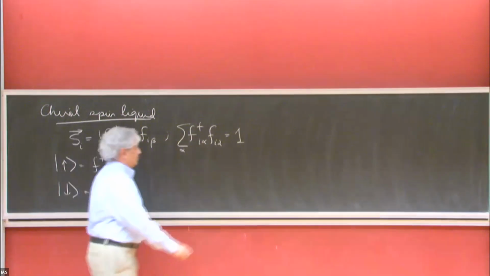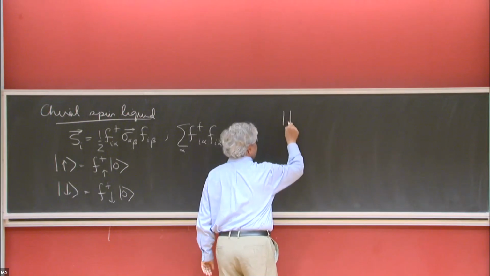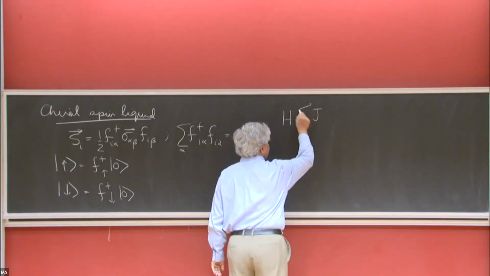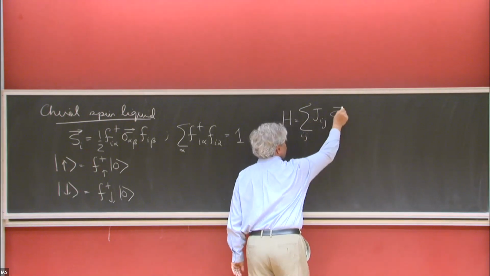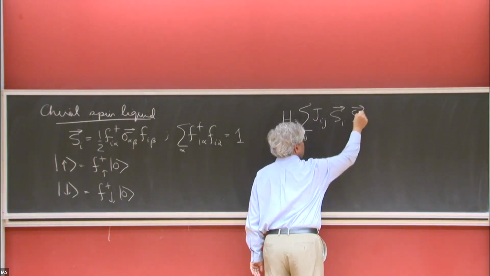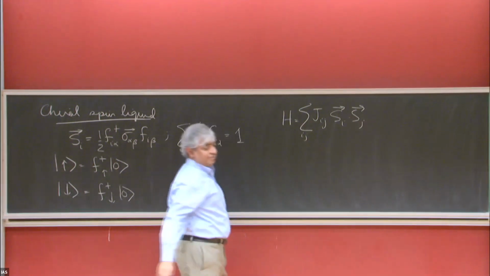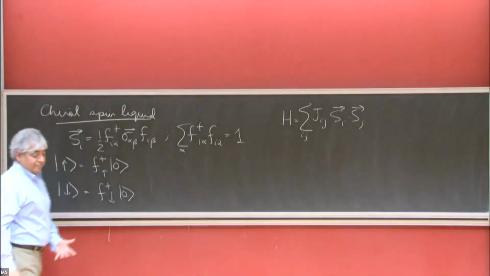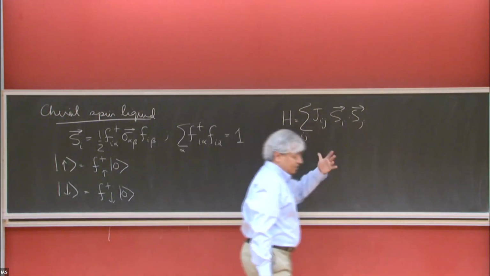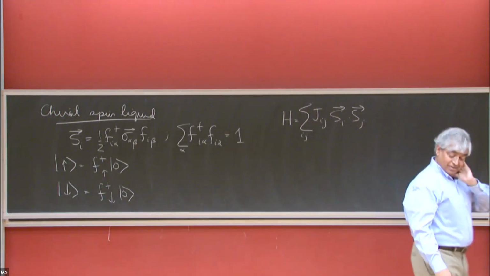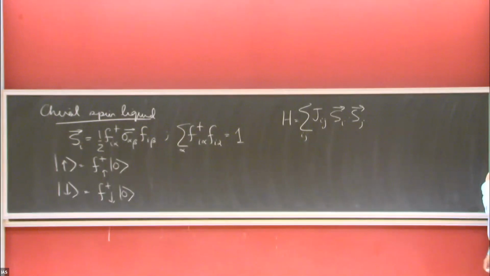Right, so I'm going to take some Hamiltonian, some set of J_ij on the square lattice, and look at a certain mean field theory, very similar to the mean field theory we did for the bosons. And this kind of thing was done, I think, early on by Wen, Wilczek, and Zee.